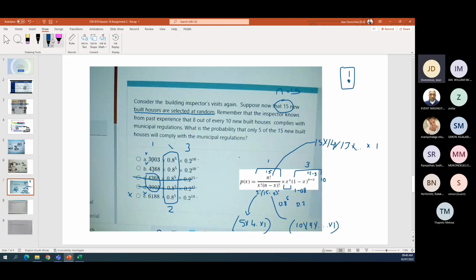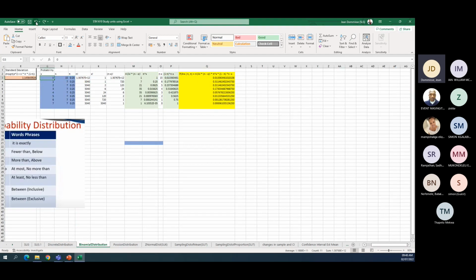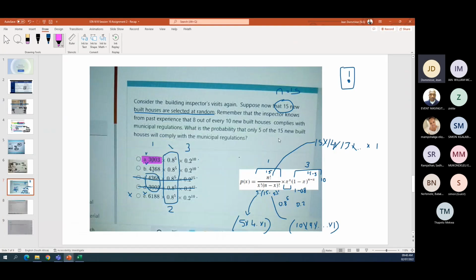There it is, 3003. So by using Excel, you could have gotten to that 3003 without too much work on a calculator.